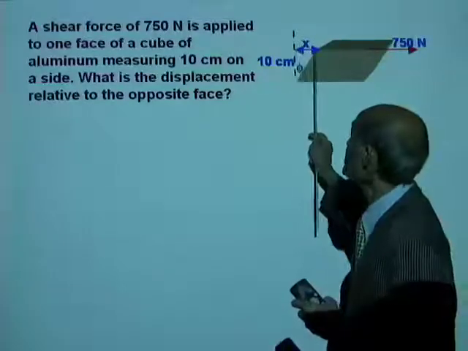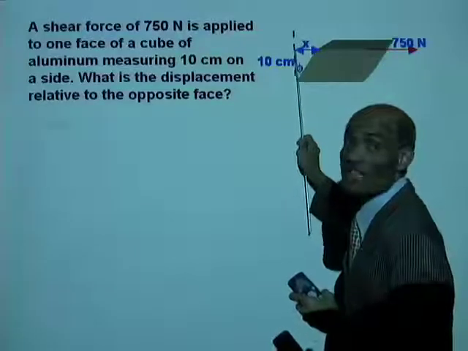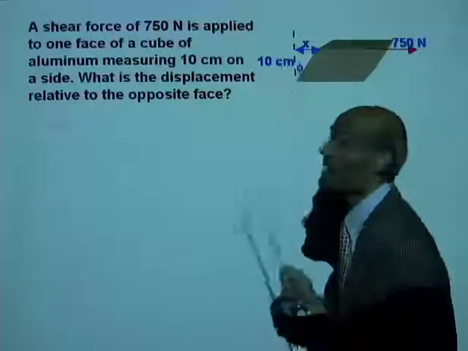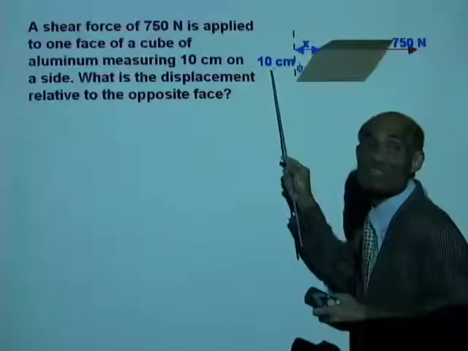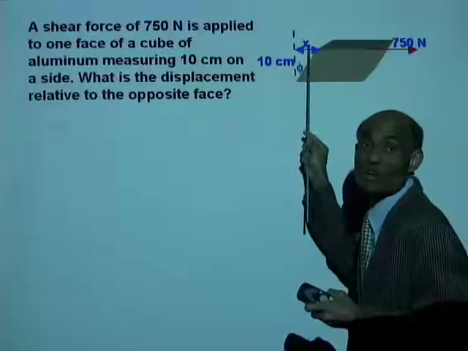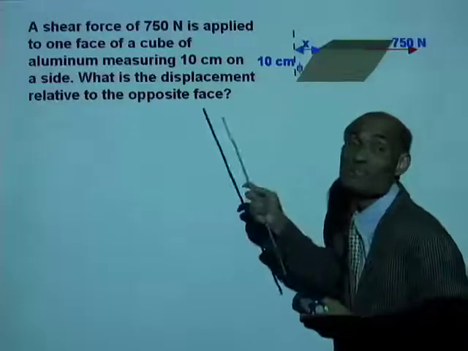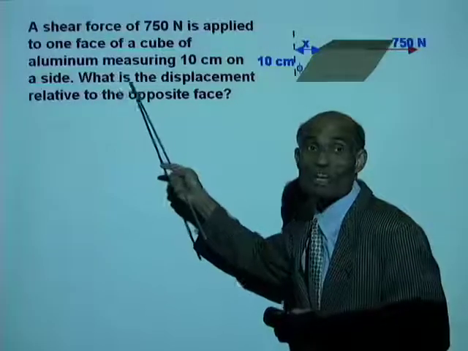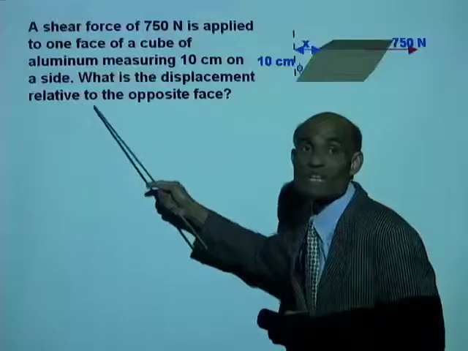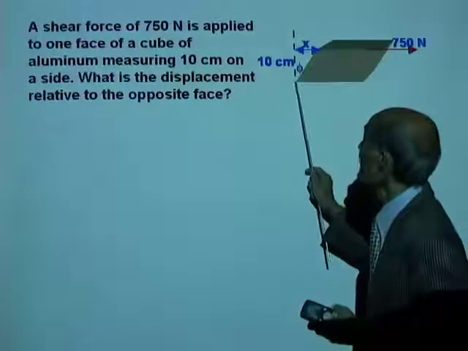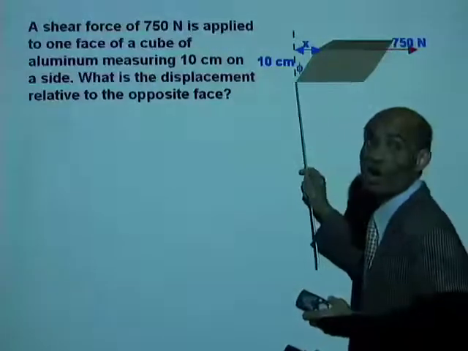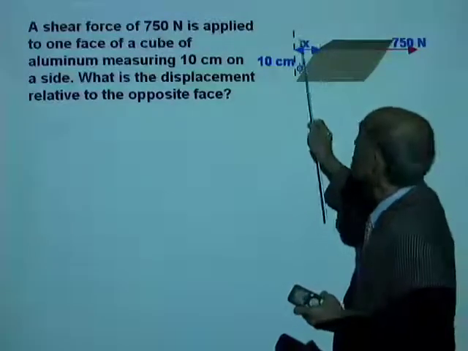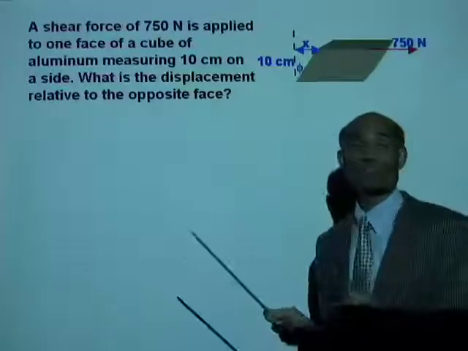So if x is the displacement and 10 the height of the block, then tangent of angle phi is x divided by 10. We can leave this unit in centimeters so that x will also be in centimeters. Alright. We need to find what is the displacement relative to the opposite face. Now this is the face resting on the floor, and the top face got displaced. We need to find that displacement x.